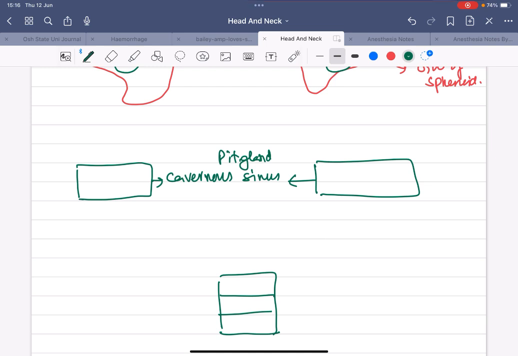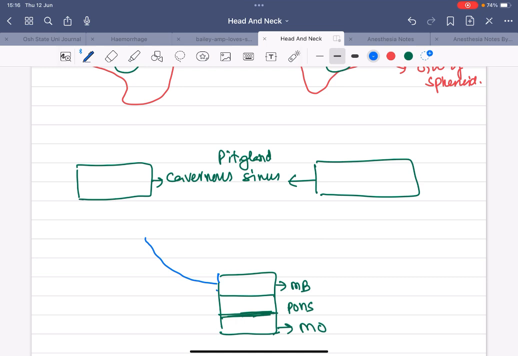This is your midbrain, pons, medulla oblongata. Now see here, all students, the third and fourth cranial nerves. This is your third cranial nerve, this is your fourth cranial nerve.